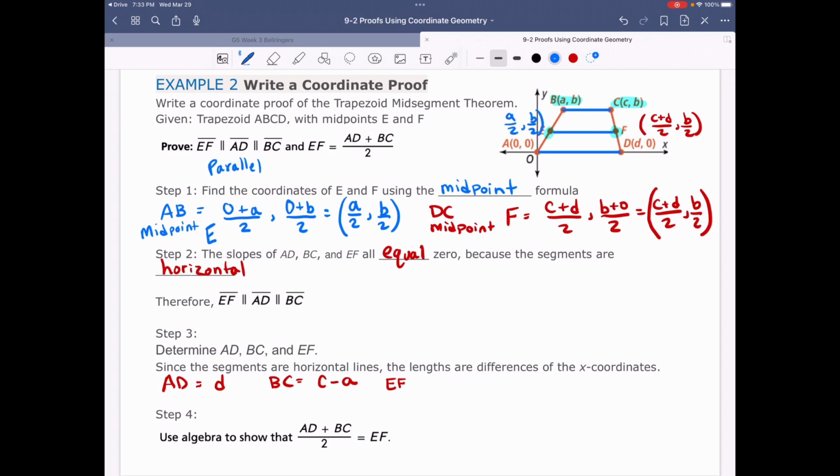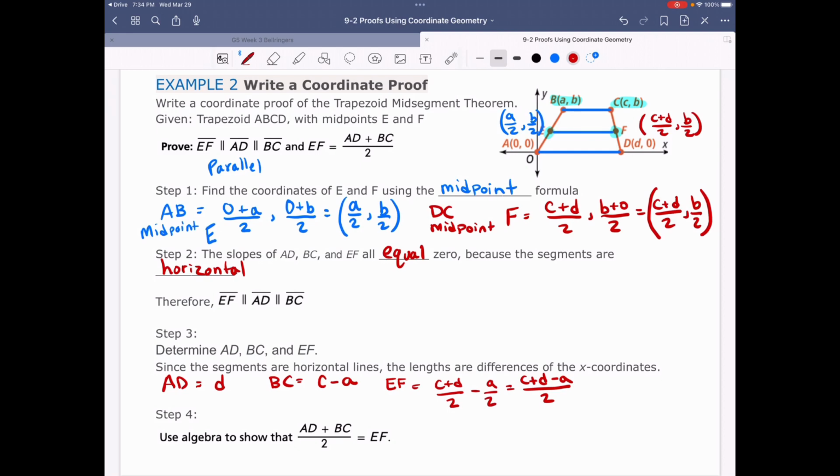That's the coordinates that we just found for E and F. So the b over 2's are the same, but the c plus d over 2 and the a over 2 are different. So we're going to subtract those: c plus d over 2 minus a over 2. Since they're both over 2, we can simplify that to just be (c plus d minus a) over 2.